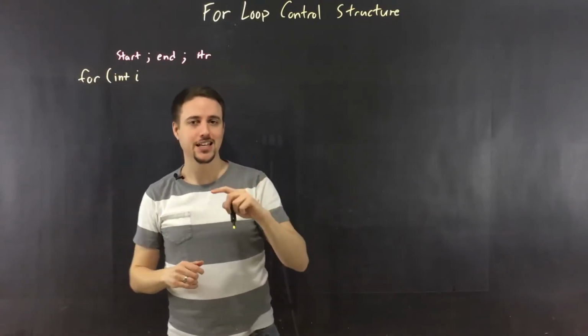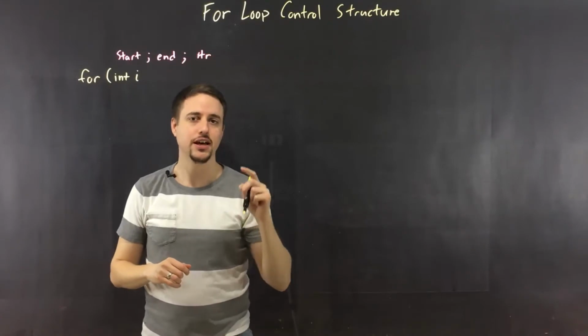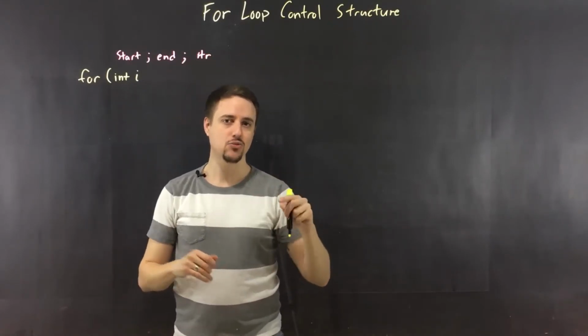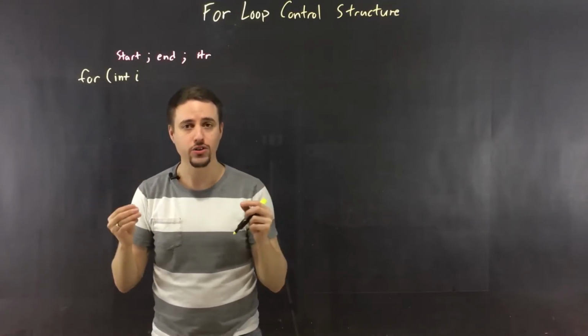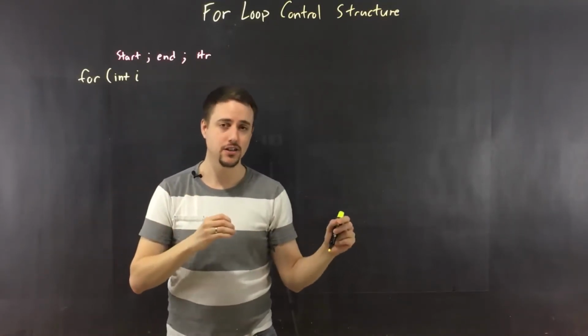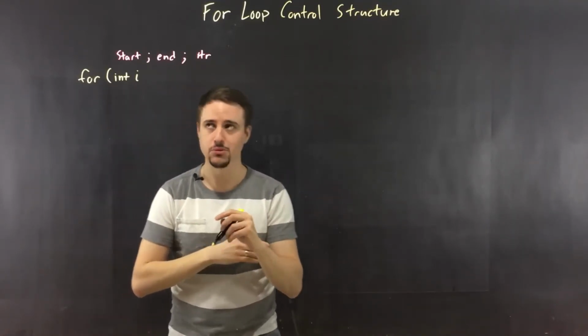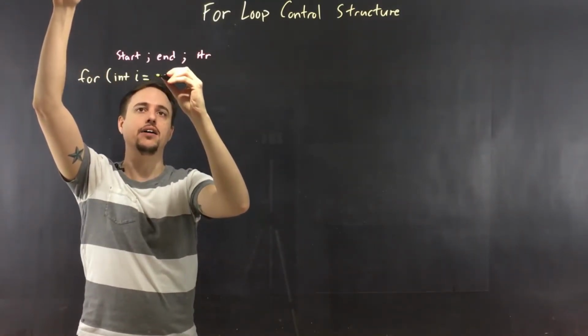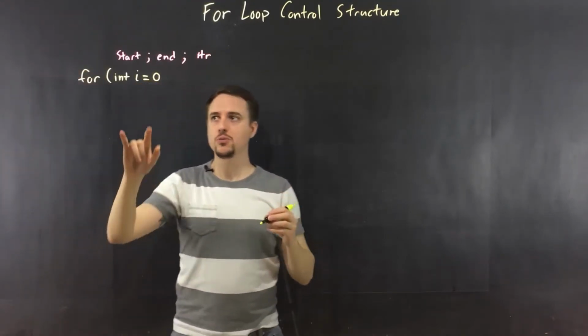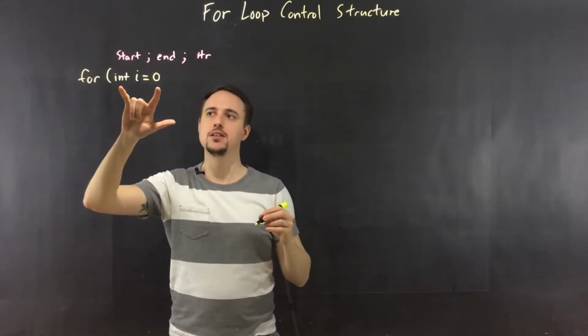If you remember in the last lesson, we declared an integer called age, int age, which represented our age. Remember that an integer is a whole number. It can be negative to positive, but it has to be a whole number with no decimals. So I'm going to assign to I the value of 0. You see here we've just done an assignment.